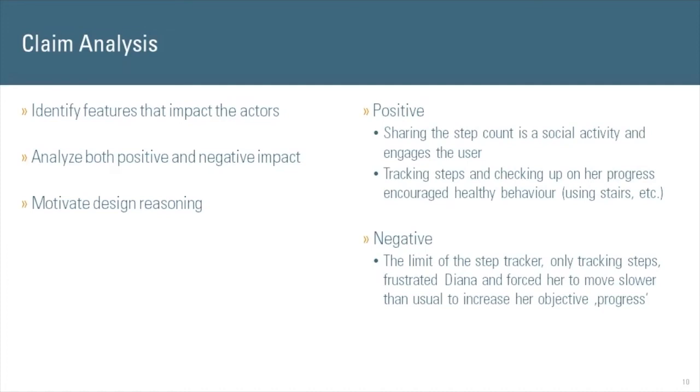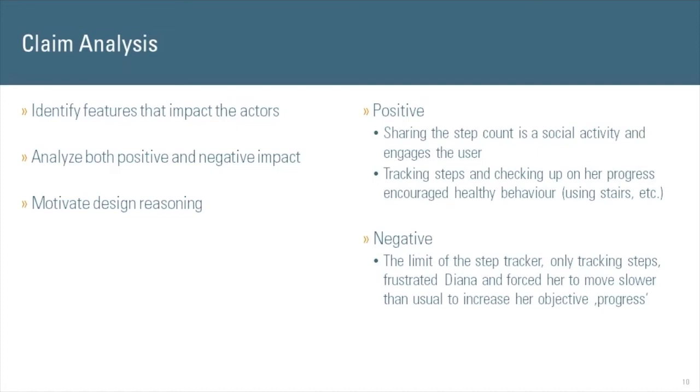This is done to motivate design reasoning so that you want to increase your positive claims about this scenario and obviously minimize your negative points, but there always will be and have to be both positive and negative points because no solution is perfect. There are always trade-offs.